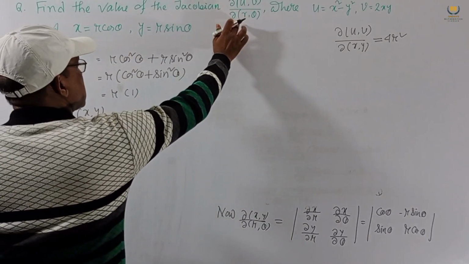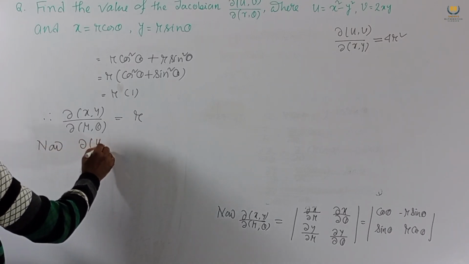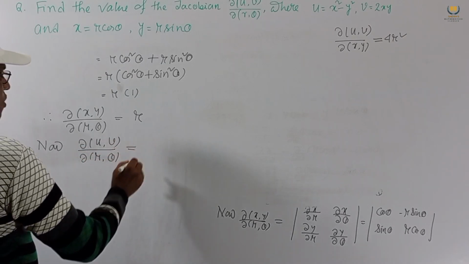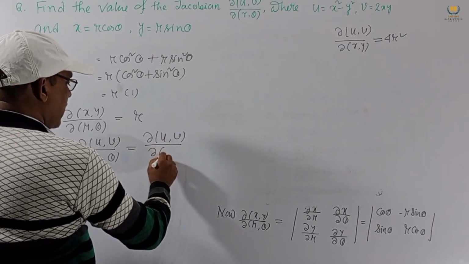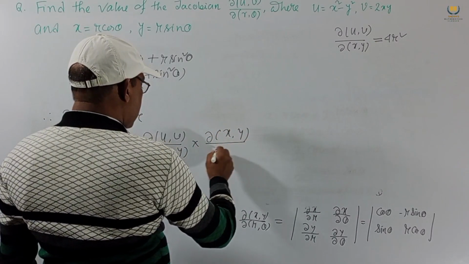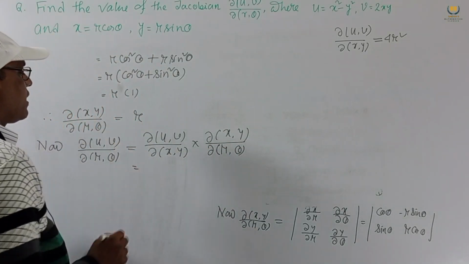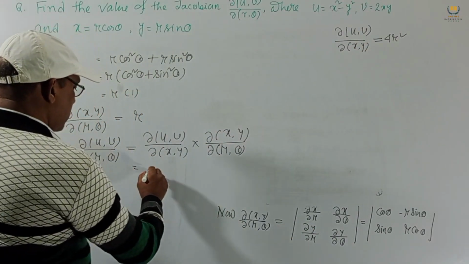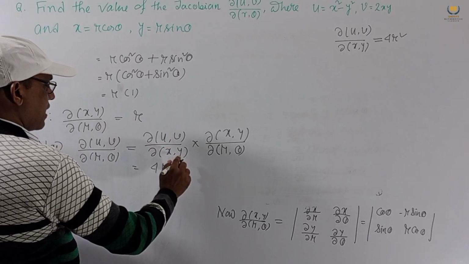Now our requirement is the Jacobian of ∂(u,v)/∂(r,θ). By using property 2, we get ∂(u,v)/∂(x,y) times ∂(x,y)/∂(r,θ). ∂(u,v)/∂(x,y) has the value 4r², and ∂(x,y)/∂(r,θ) is r.